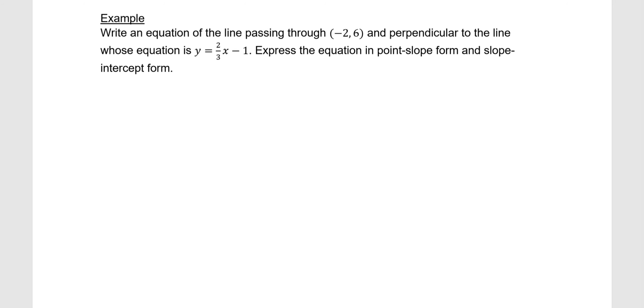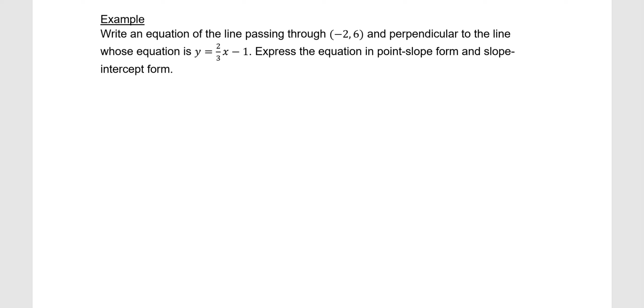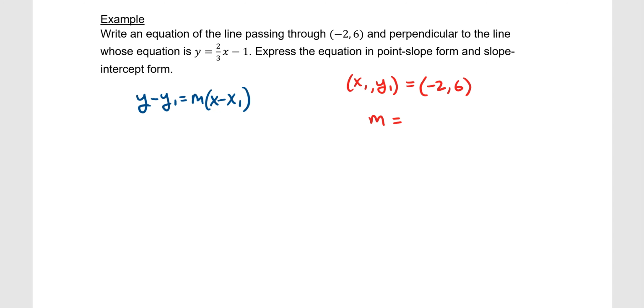So let's write an equation of the line passing through (-2, 6) and perpendicular to y equals 2/3 x minus 1. So starting with point-slope, we have y minus y1 equals m times x minus x1. We have our point, x1, y1, (-2, 6).